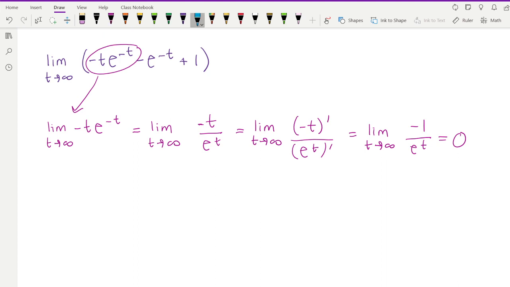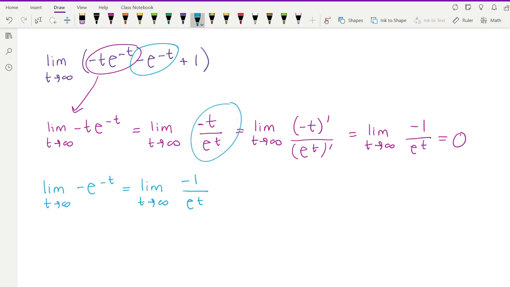So now let's talk about the second term, which we'll see that we actually already just talked about. The next term is the limit as t approaches infinity of negative e to the negative t, which again can be rewritten as the limit as t approaches infinity of negative 1 over e to the t.